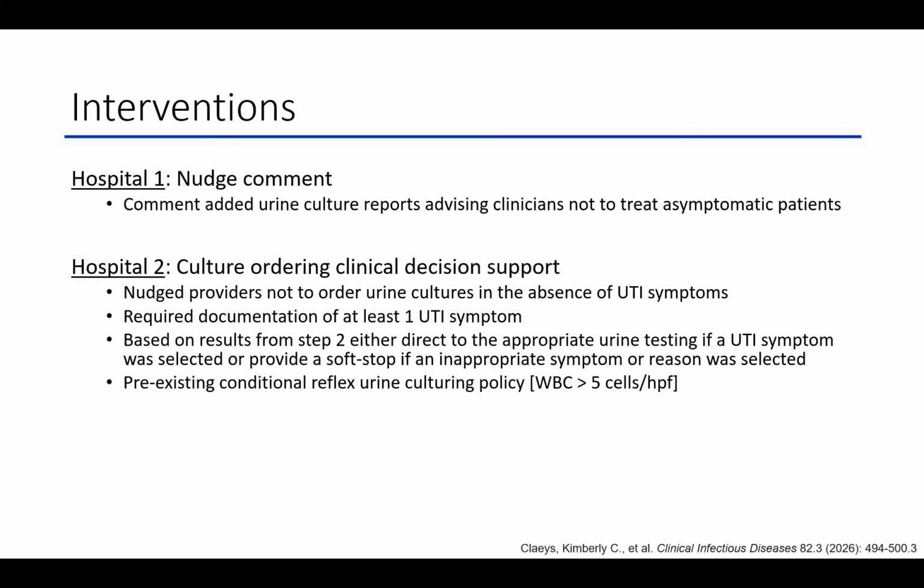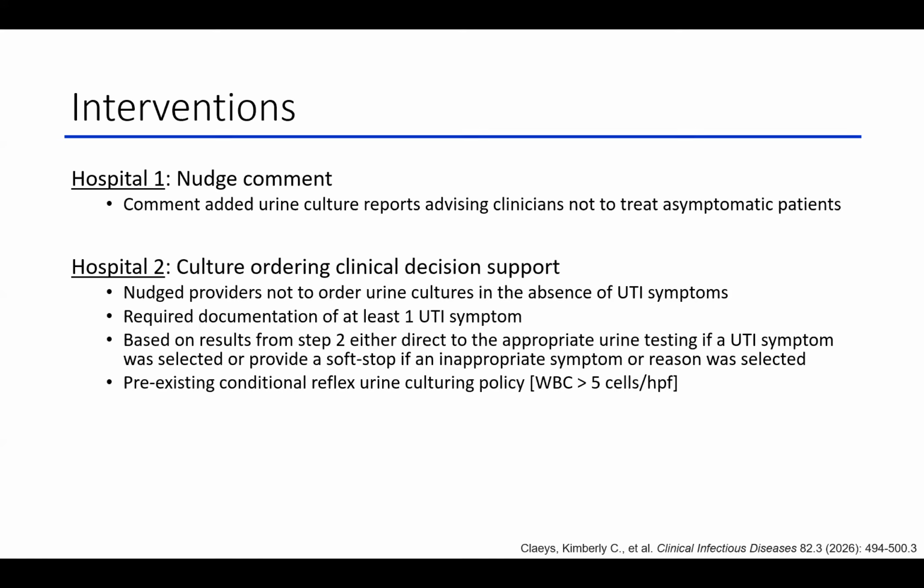They would either tell them if it's appropriate, it would proceed to culture. If not, they would say your decision, whatever you checked, was inappropriate and you don't need a urine culture, a soft stop, wouldn't let them really go through with that selection if it was inappropriate.